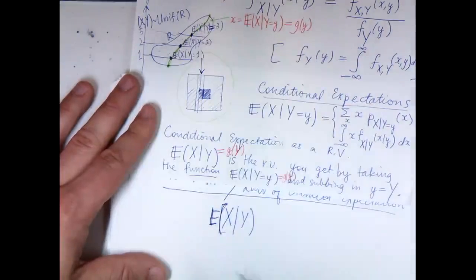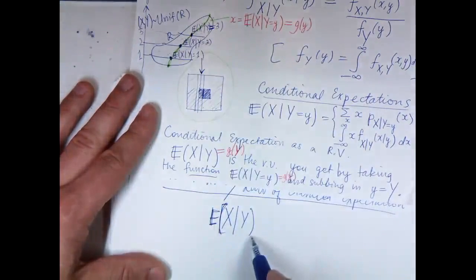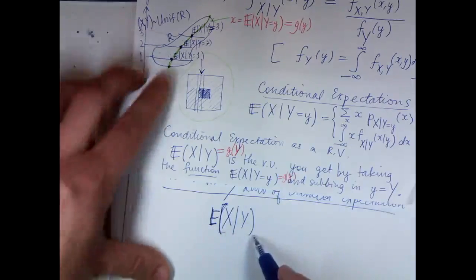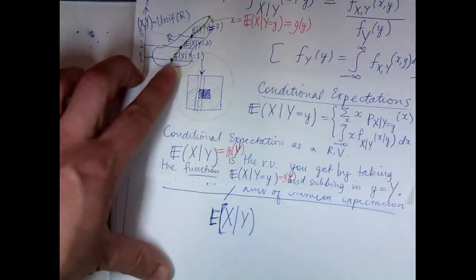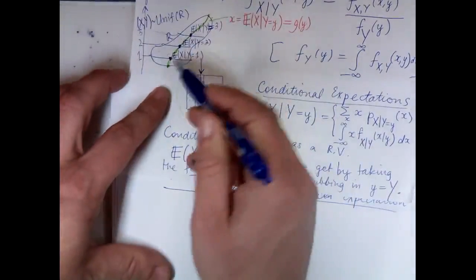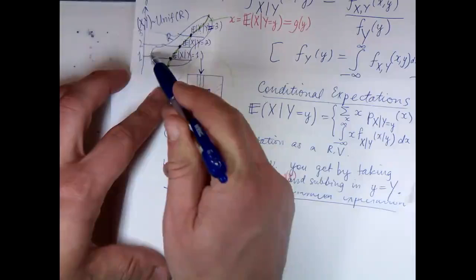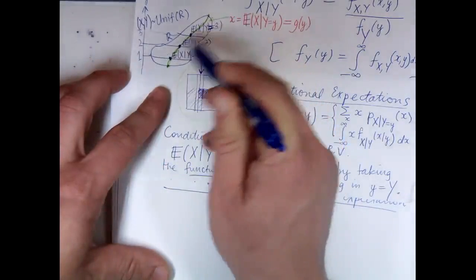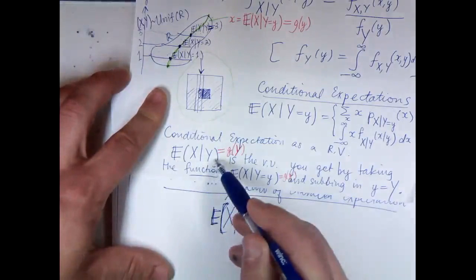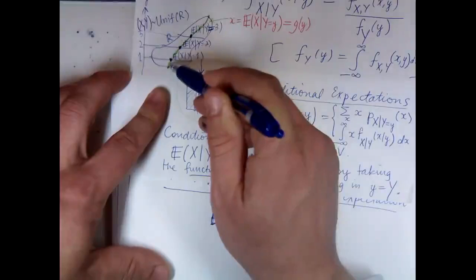Now, I want you to know that this random variable is not as widely dispersed as x itself. The reason is you've lost some of the variability that is due only to x alone. So the random variable x can lie anywhere from here to here, anywhere on the left or anywhere on the right. The random variable expected value of x given y only lies between here and here.